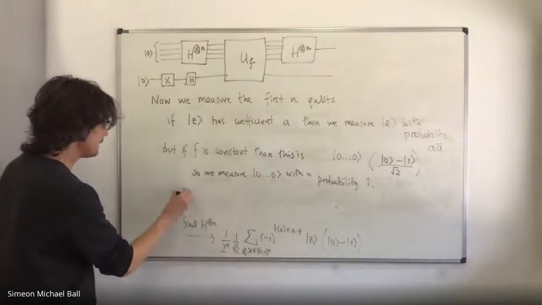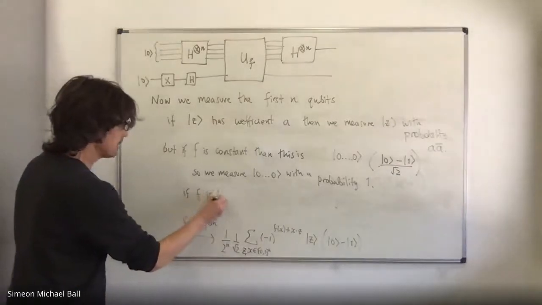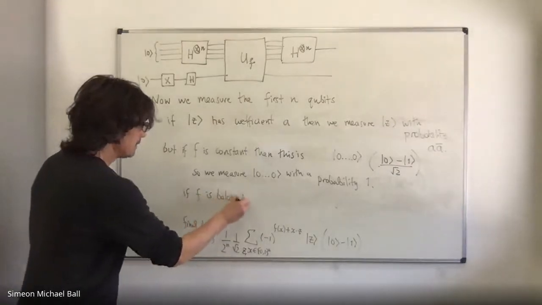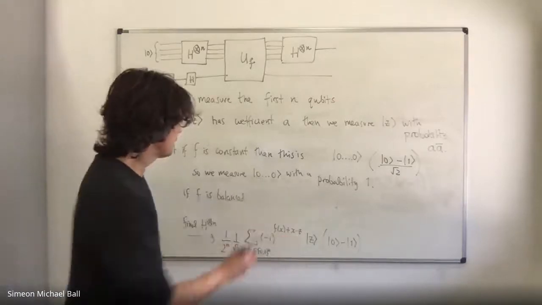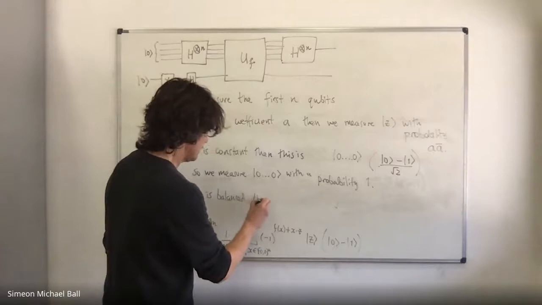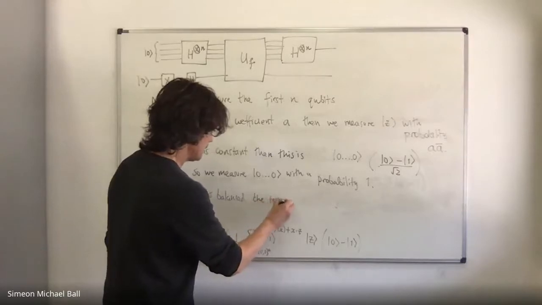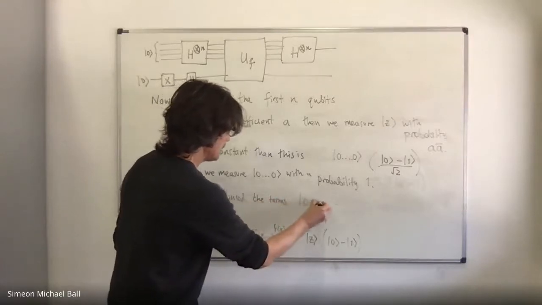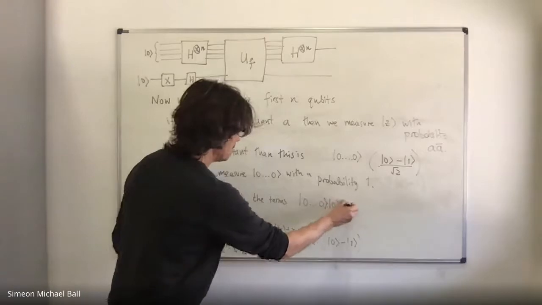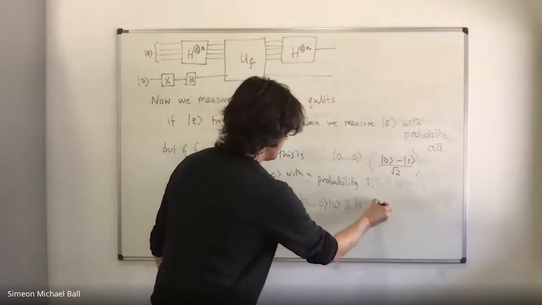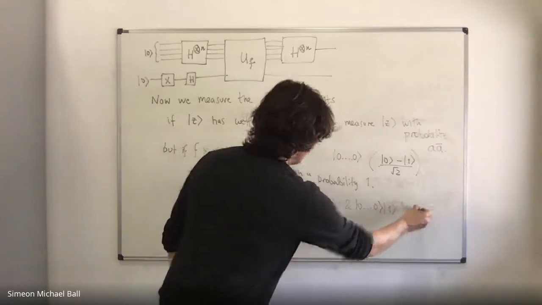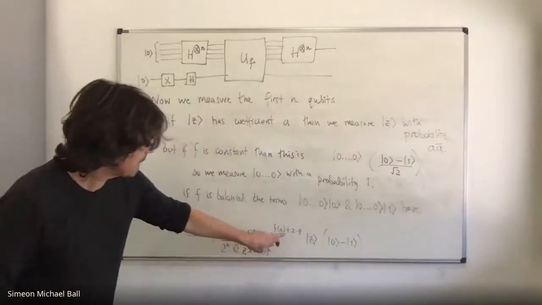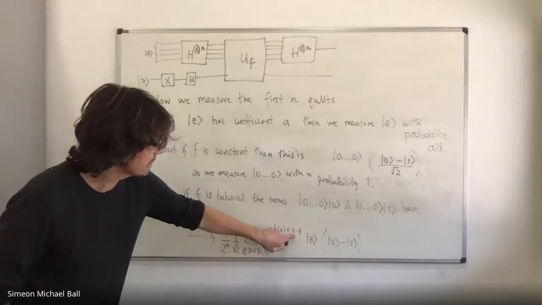And if f is balanced, then what happens to the coefficient of 0? Well, if it's balanced, this is again about all zeros.